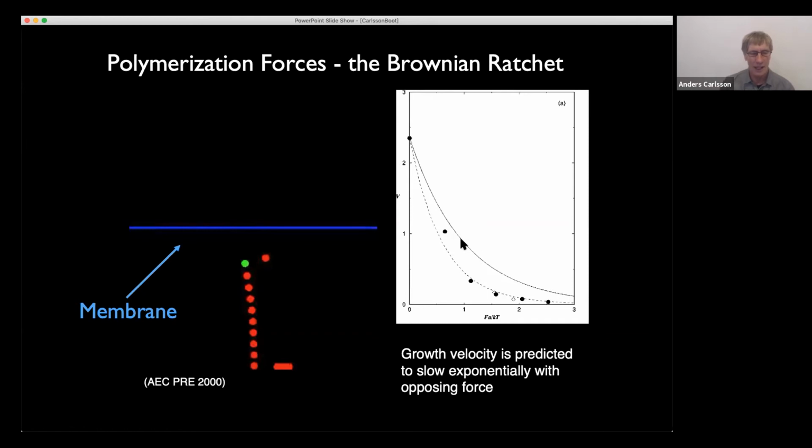This one we predicted, and people before this had predicted with simpler theories, that the velocity of polymerization would decay very rapidly, exponentially, in fact, with opposing force. And that's what we found in the simulations. We found that the actual results were somewhat below those of the simple theories. But the idea is that when you exert an opposing force, that really slows the polymerization process.